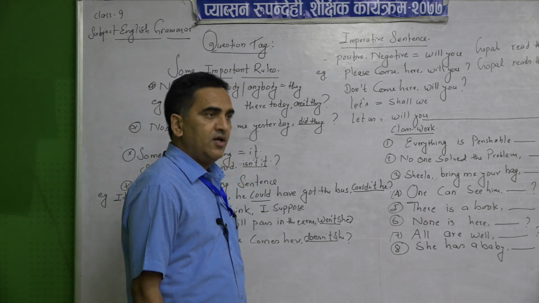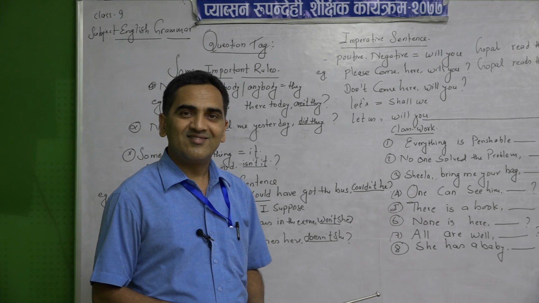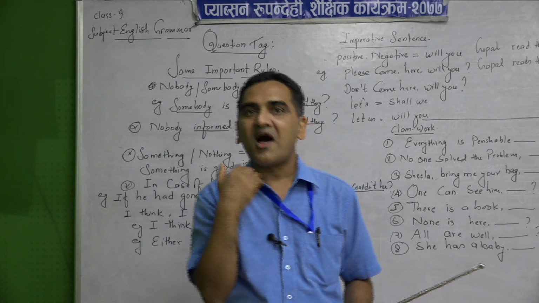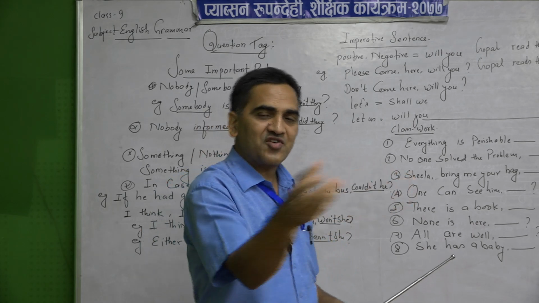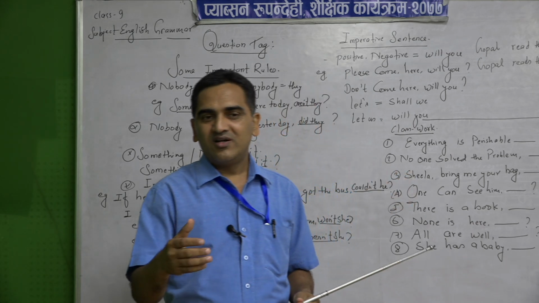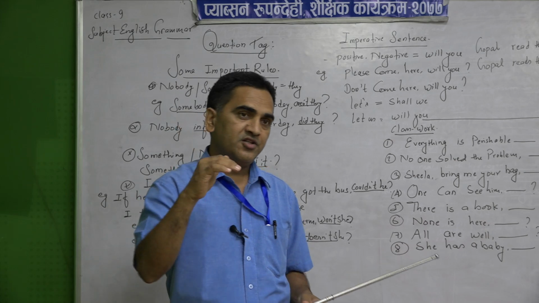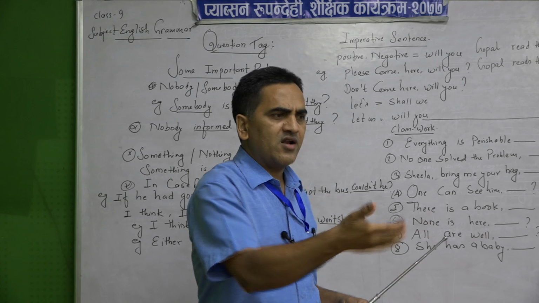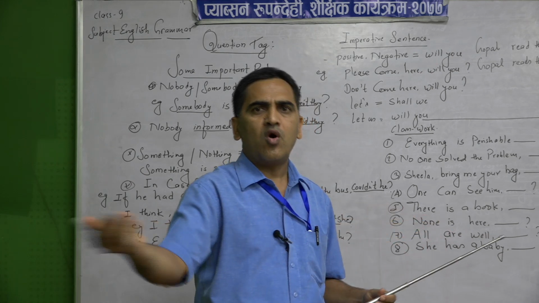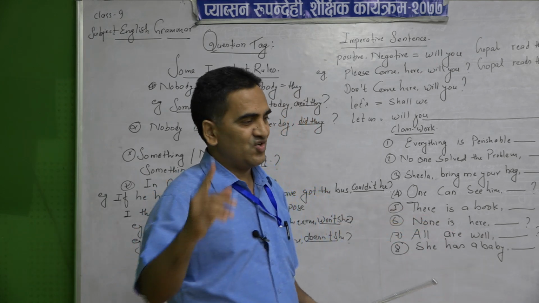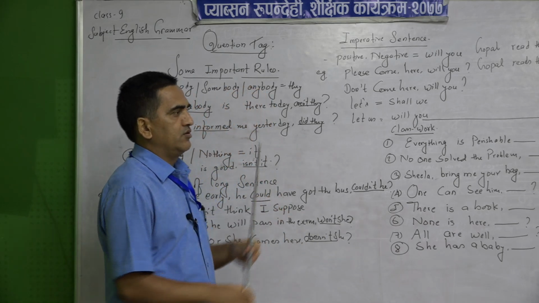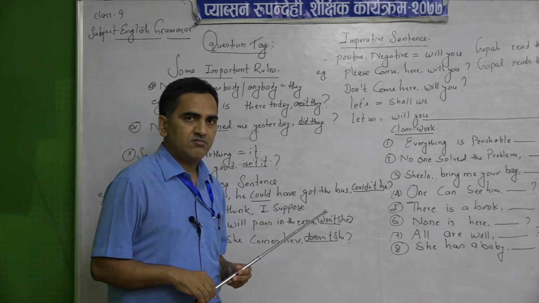So preparation, pre-plan: we should have a pre-plan before doing any task. If we plan, then things will go systematically. If we don't plan and go randomly, things won't be completed, right? So my dear students, these are the basic rules you will find in question tags.